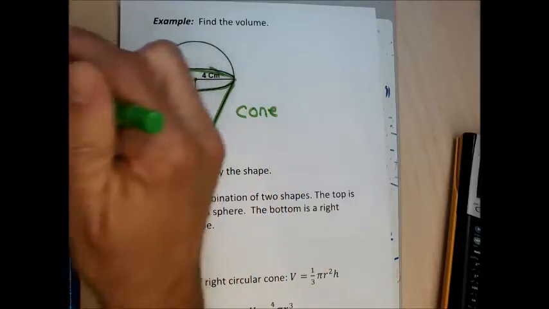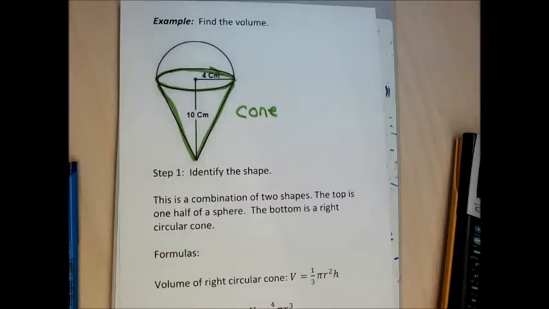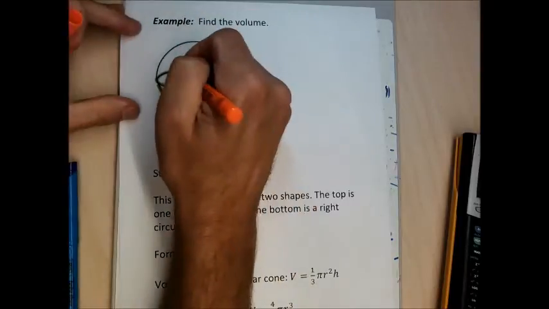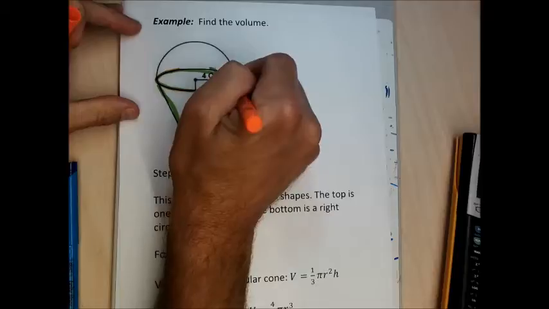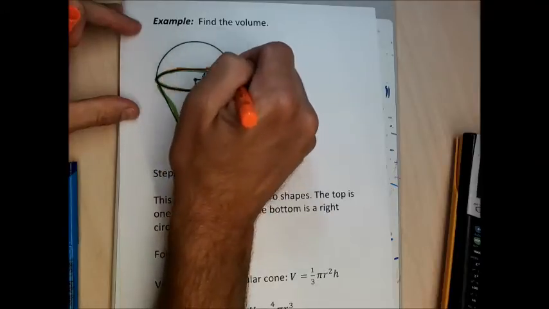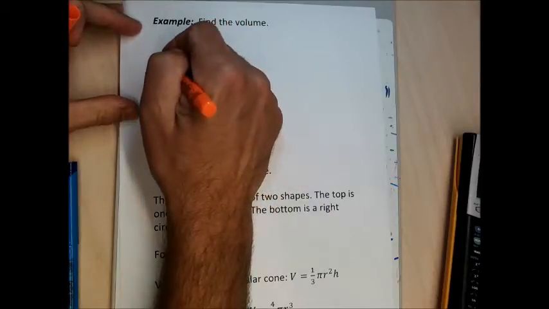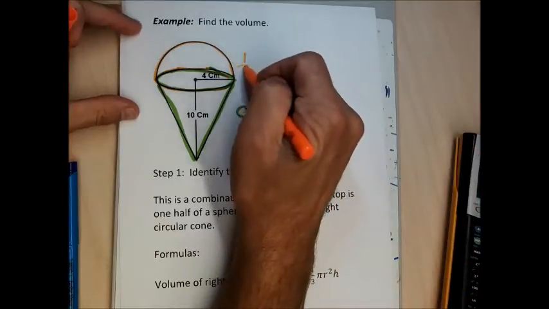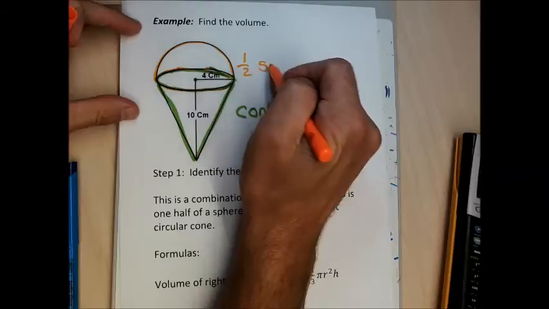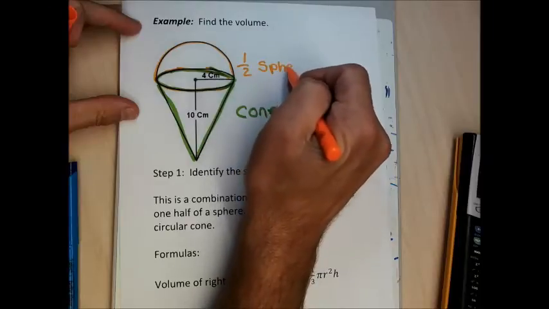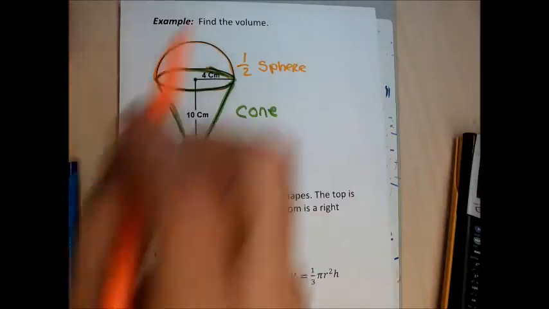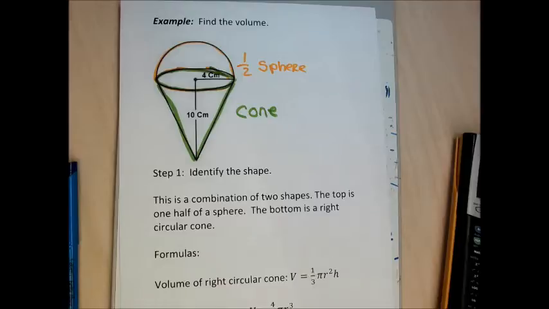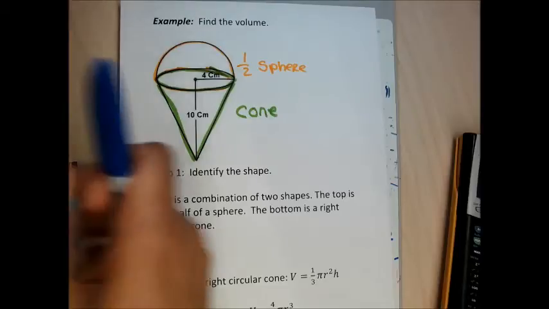And I'm going to need to find the volume of the bottom separately from the volume of the top. The top isn't supposed to be a full sphere or a full something like a soccer ball. This is half a soccer ball, or half a sphere. In order to find the volume of the shape, I need to find each of the volumes separately. And when I find the volume of the sphere, I need to find half of it.